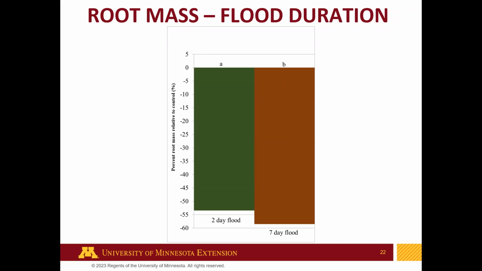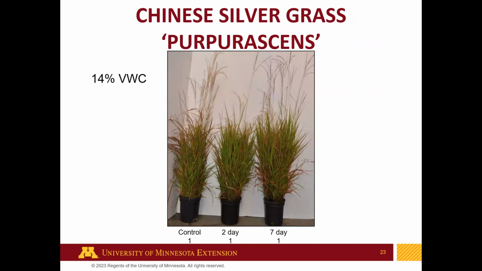Before I get into the visual damage rating, I want to explain a little bit how that was done. What you're looking at here is purpurescent Chinese silvergrass, and this was taken from our 14% volumetric water content treatment. On the far left, you have the control, so it was kept roughly at field capacity.